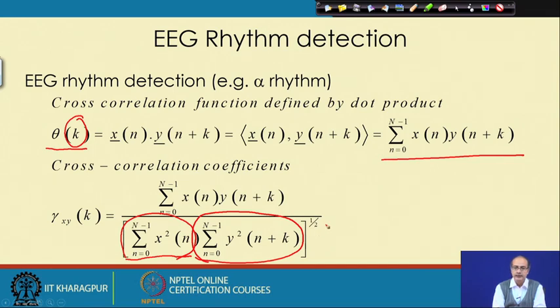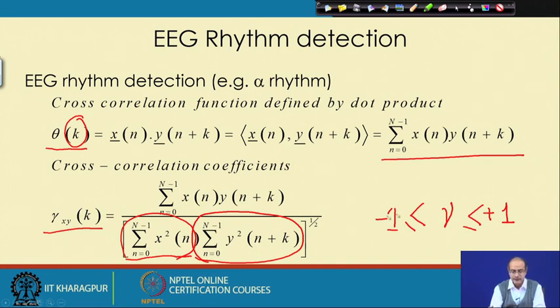We get a quantity called the cross correlation coefficient. What we gain by this is that the coefficient varies between -1 and +1. It will be within this range only.